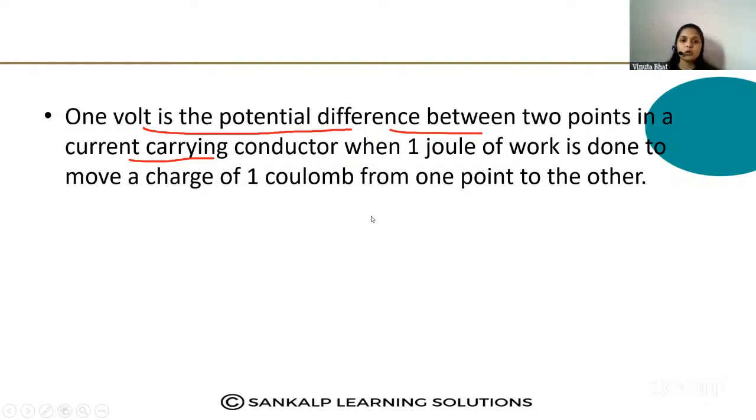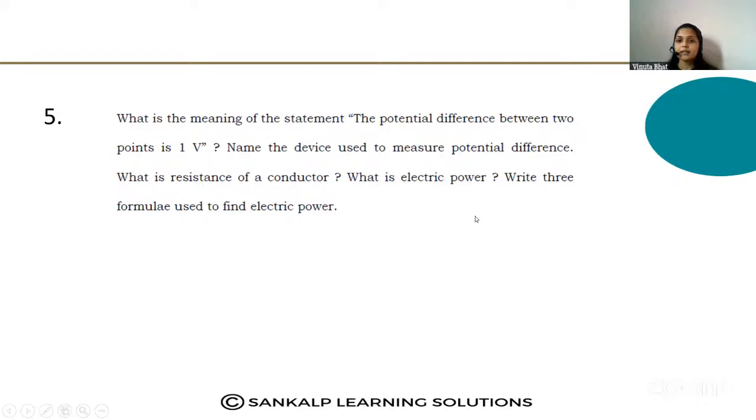That is the meaning of 1 volt. Then, name the device used to measure the potential difference. Potential difference is measured by the voltmeter.